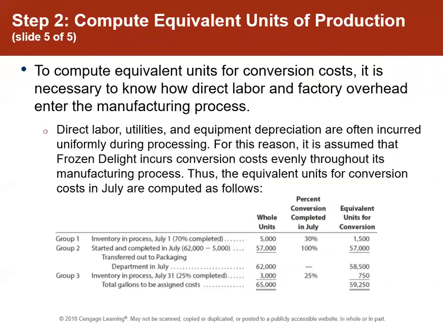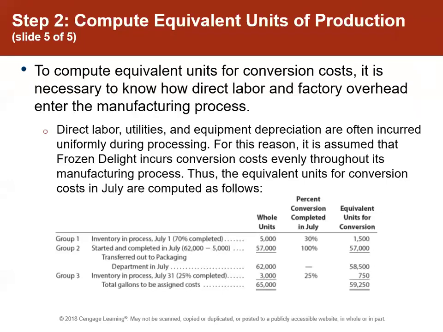So in this case, they tell us that inventory in process is 70% completed in regards to conversion. Well, with beginning inventory with FIFO, we need to calculate how much more we need to add to finish those. 70% has already been added in the previous period. So we need to add 100 minus 70, or 30%, more labor and overhead to finish those out.